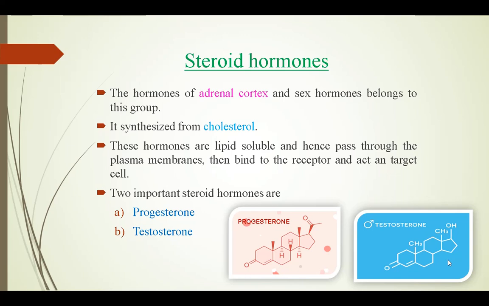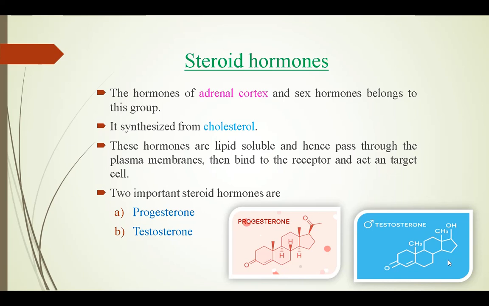Steroid hormones. Most lipid hormones are steroid hormones, which are usually ketones or alcohols. These are derived from cholesterol. The hormones of the adrenal cortex and sex hormones belong to this group.